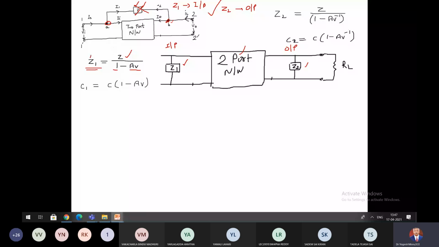This will be the case when Z is resistive, when it is a resistance.